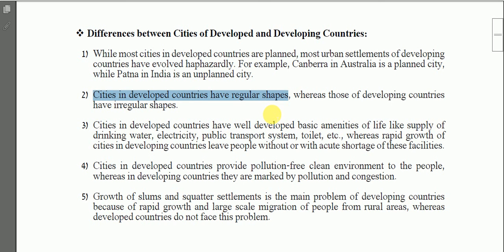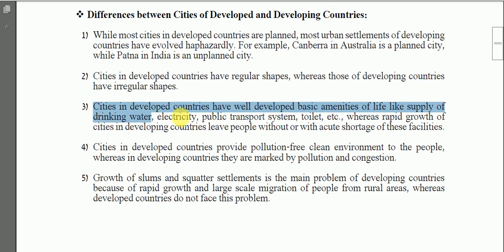They have definite geometrical shapes. The streets, lanes and roads may be cut at right angles, wide enough. They have a proper drainage and sewerage system. Whereas those of the developing countries have irregular shape because they have been developed haphazardly. Then the next point of difference is given here.